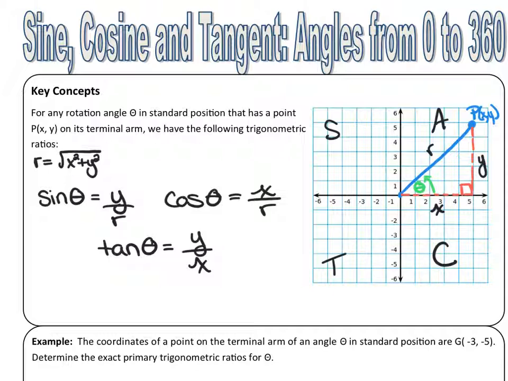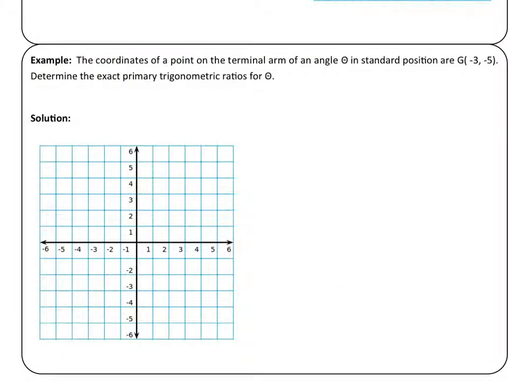So getting used to the CAST rule, where do things lie, what's going to be positive, what's going to be negative, and using that for all angles from 0 to 360. Let's take a look at our example, and we'll see how this all works.